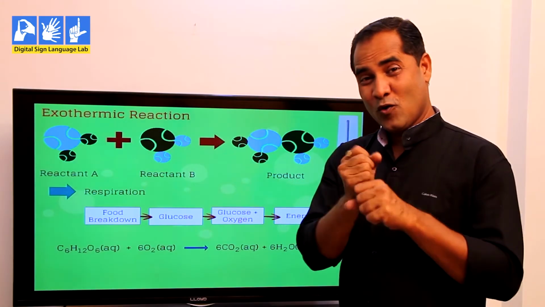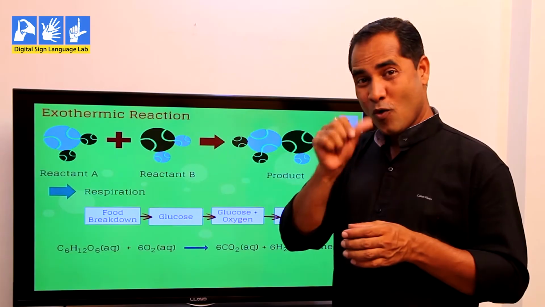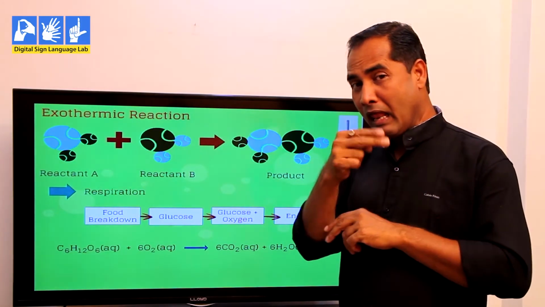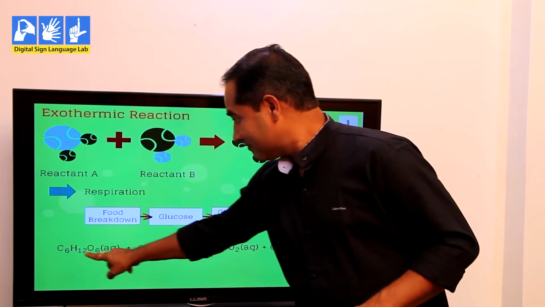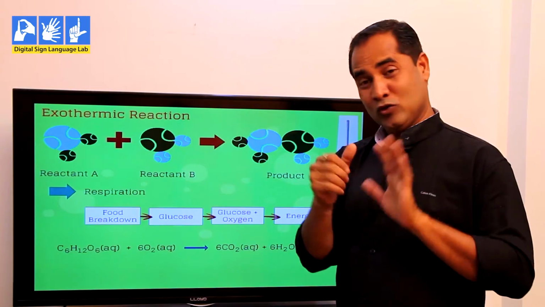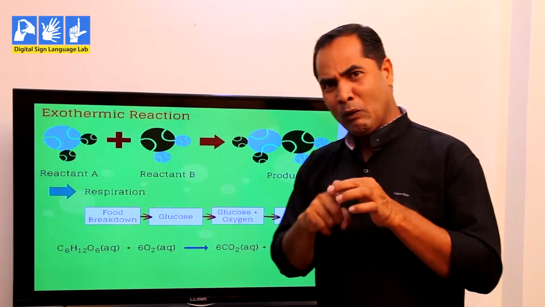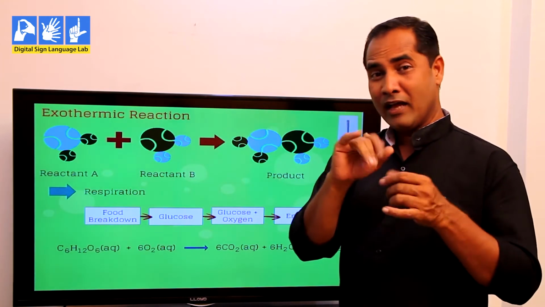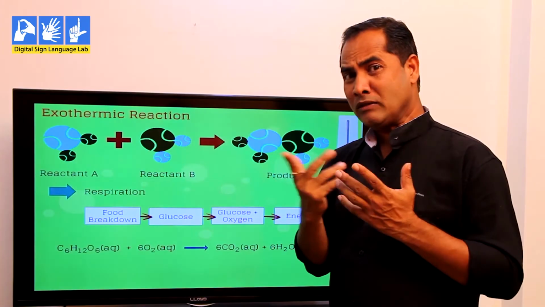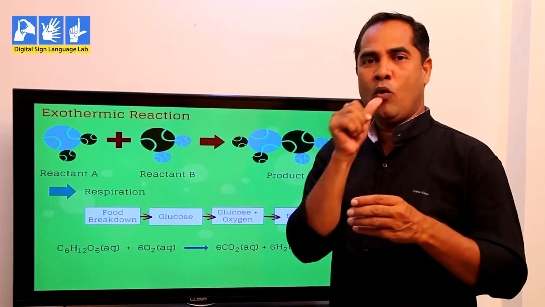Now I want to show you something very interesting. You all know about glucose, the thing that you mix in water. But do you know its chemical name? It's C6H12O6. What in bracket you see AQ. We've already learned about solid, liquid, and gas. Similarly, AQ means aqueous solution.